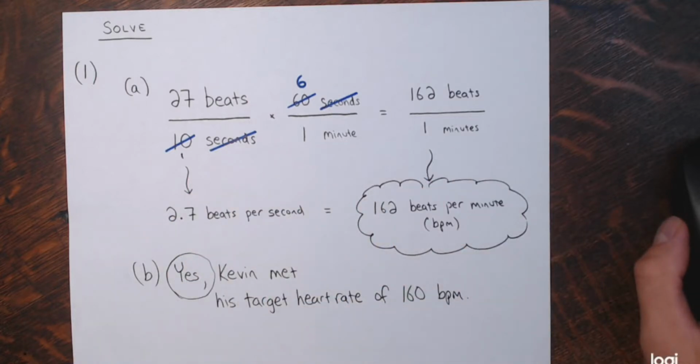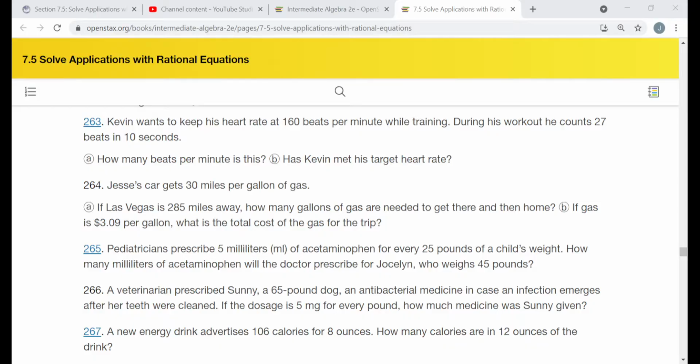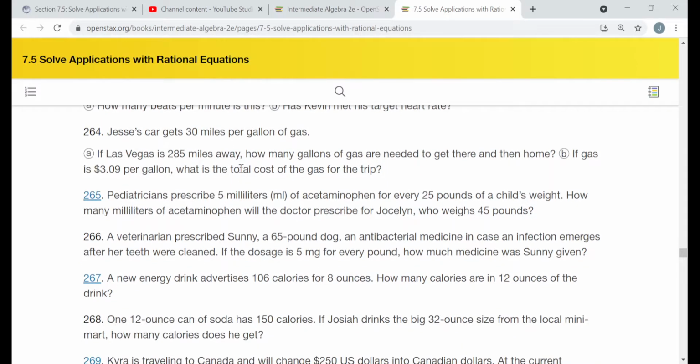All right, so let's look at example 2, which is exercise 264. All right, so Jesse's car gets 30 miles per gallon. Again, there's the per, a rate, a ratio, a fraction, 30 miles over 1 gallon of gas.